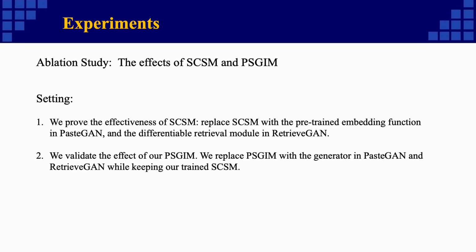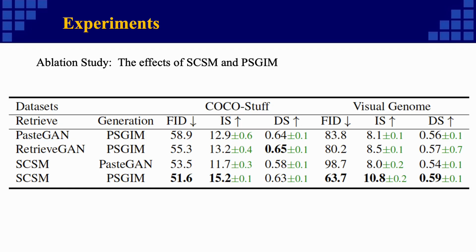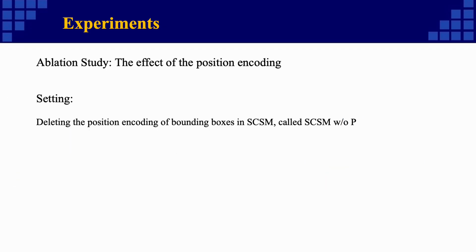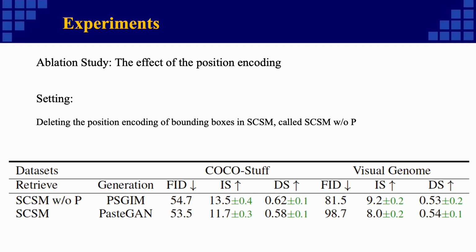The first ablation study is used to prove the effectiveness of our proposed SCSM and PSGIM. And the results are shown in this table. Obviously, our retrieval process is better than baseline retrieval. Moreover, the ablation study also proves the advantage of our generator compared with the generator proposed by baselines. We also validate the effect of using the position embedding in our SCSM by removing the position encoding of the bounding box in SCSM.